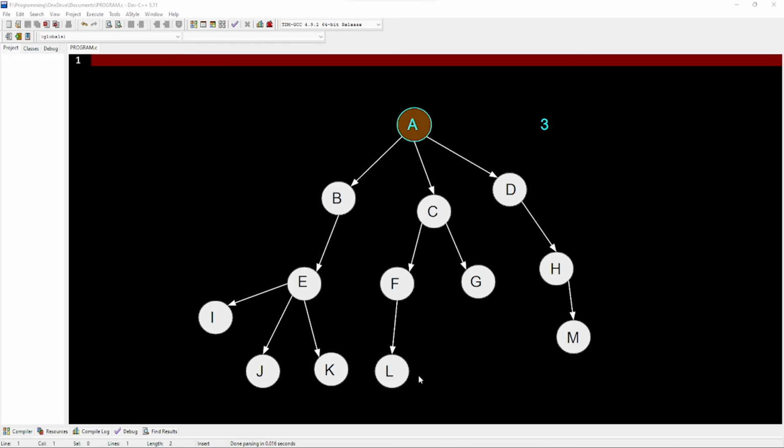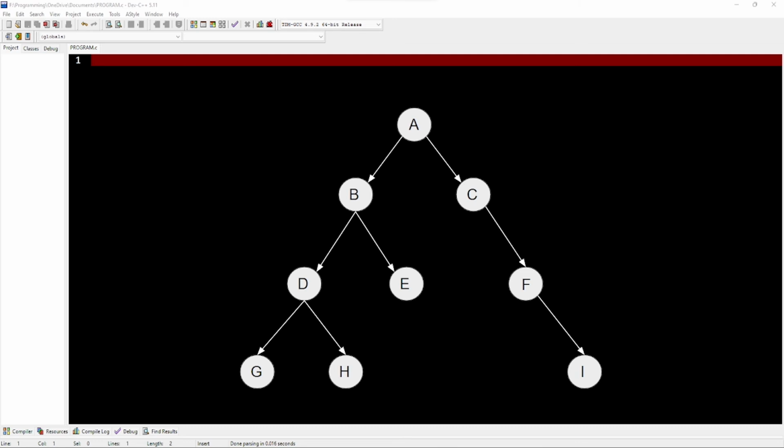The furthermost leaf nodes which we have are I, J, K, L and M. Let us travel from L. From L we have to move to F, from F to C, and from C to the root node A. So we are making 3 transitions in total. So the height of the root node in the case of this diagram is 3.